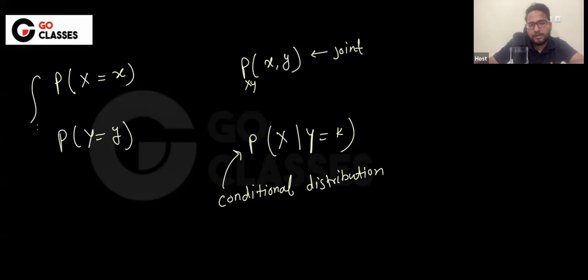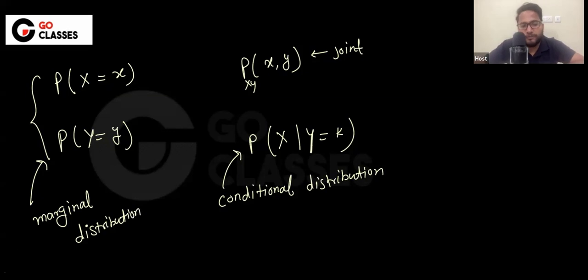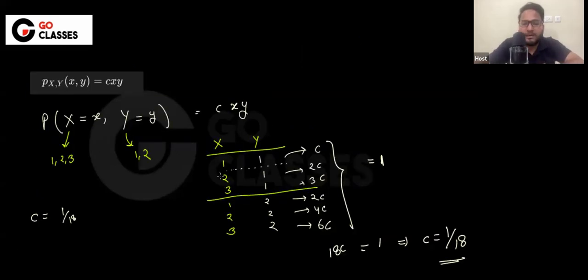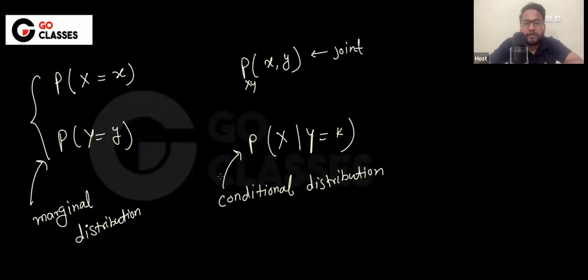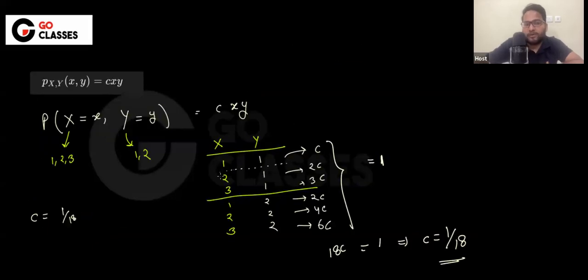And this is called marginal distribution. Understood?